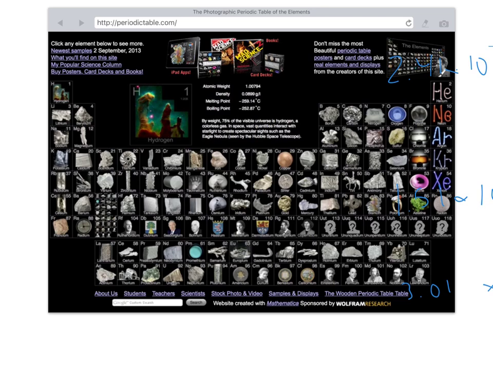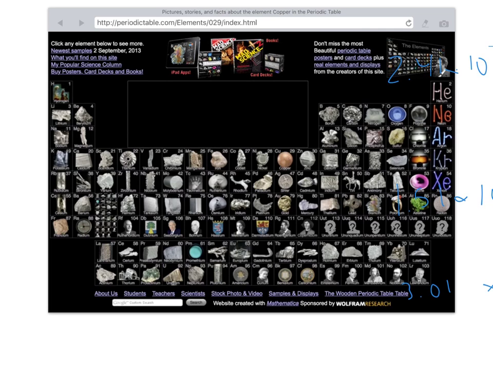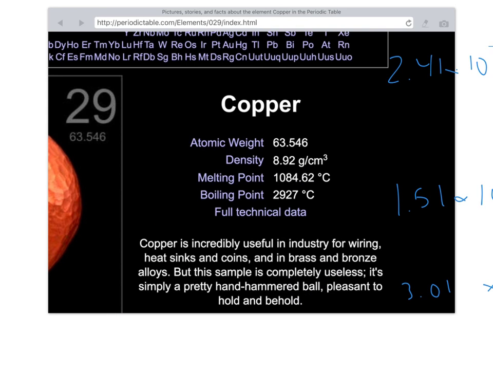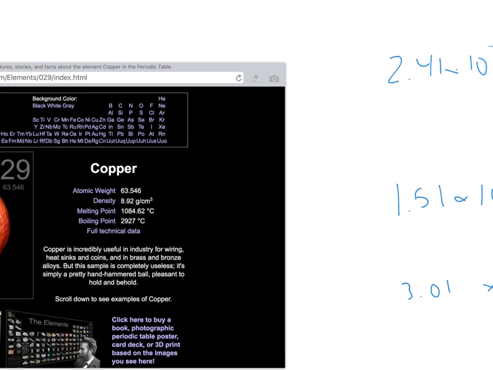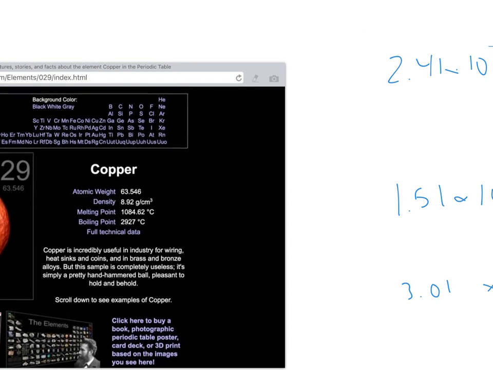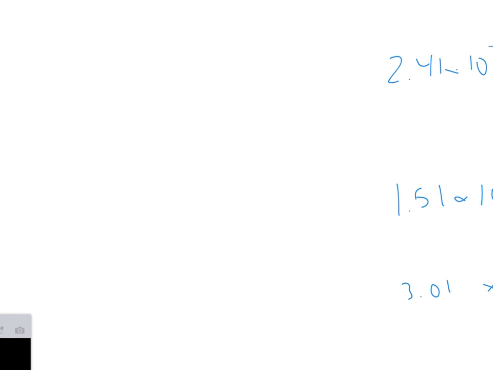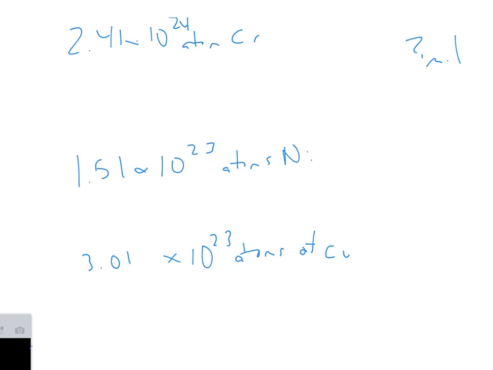And there's copper. And there it is. And check. It says, oh yeah, there's 64 or 63.5 grams. But you don't really need grams in this problem because the problem's not asking you anything about the grams. It's asking you only about the number of atoms.